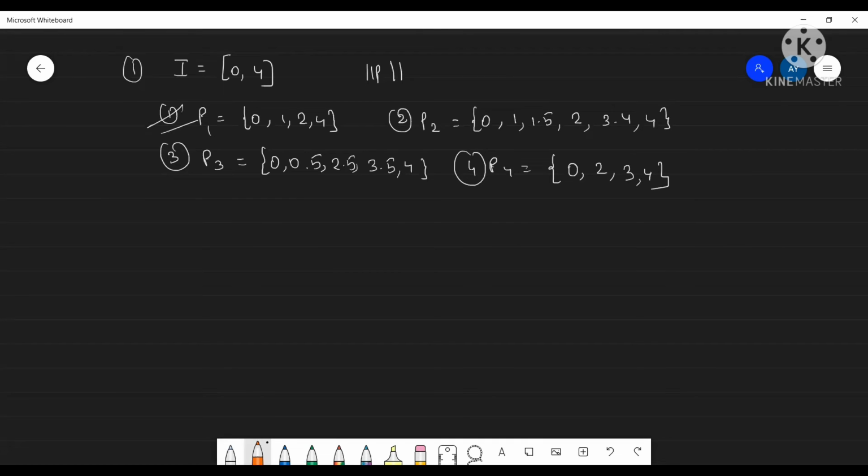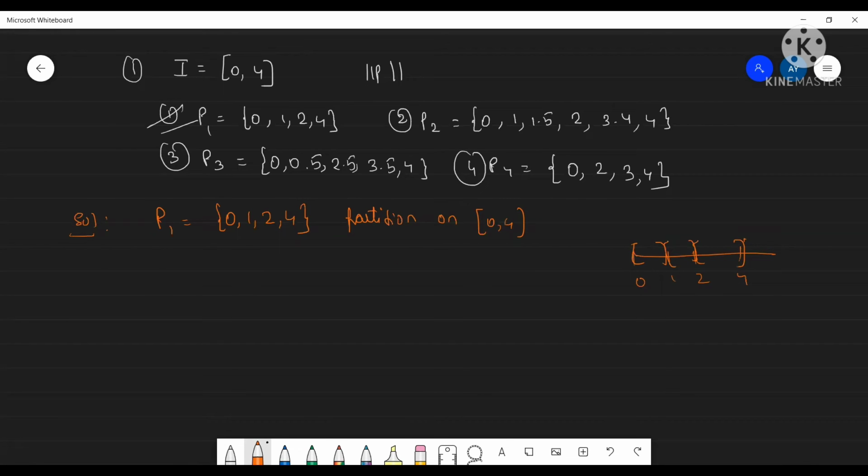So moving on to the solution, they gave P1. What is P1? 0, 1, 2, 4. This is a partition on 0, 4. So what will be the intervals? If you draw 0, 1, 2 and then 4, the intervals are here to here, here to here, and here to here.